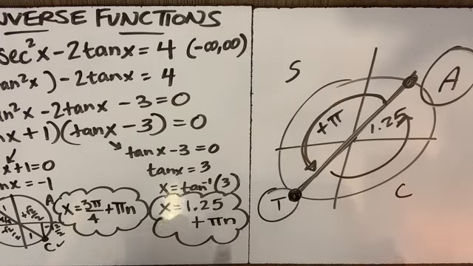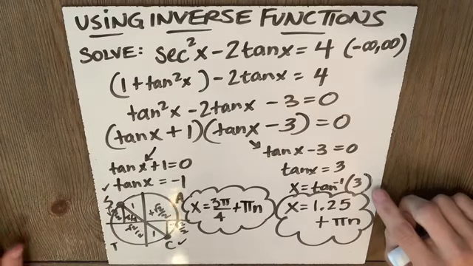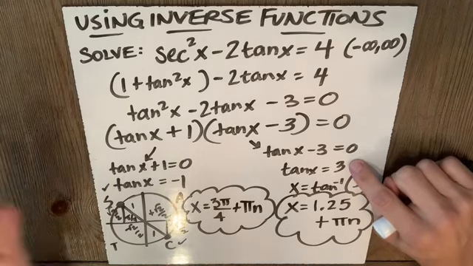So the only thing different about this problem is that we don't have a unit circle for when the ratio is 3. It's not one of our special triangles.